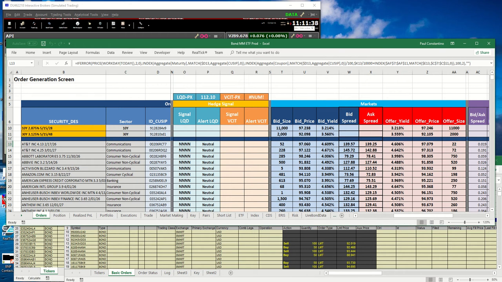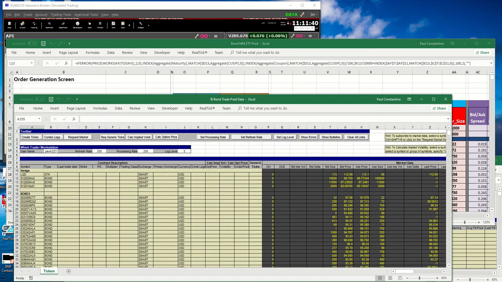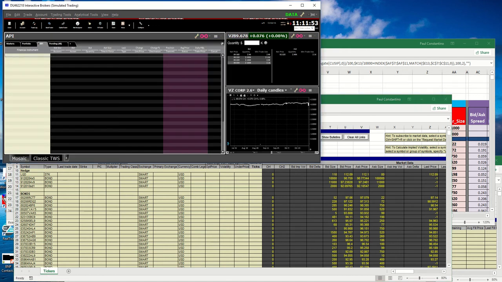We have the data inputs. This provides real-time market data as a feed from any source, whether it be Market Access, BondPoint, TradeWeb, MuniCenter, and in this case, Interactive Brokers, which brings us to our next screen.